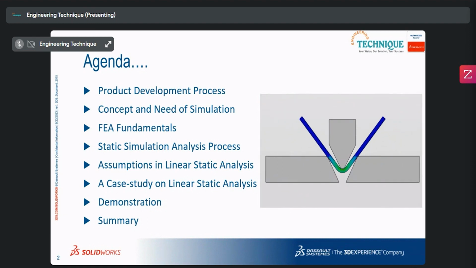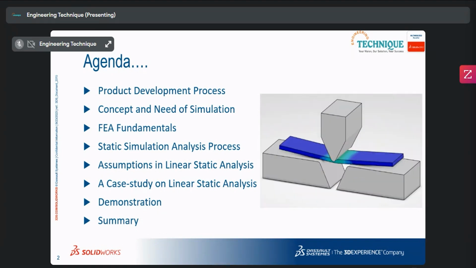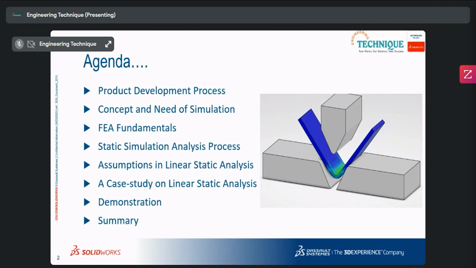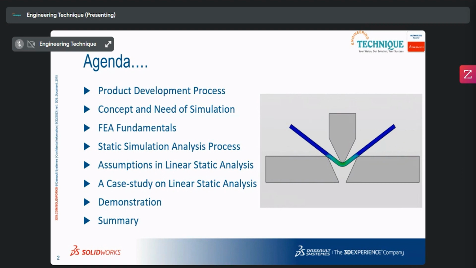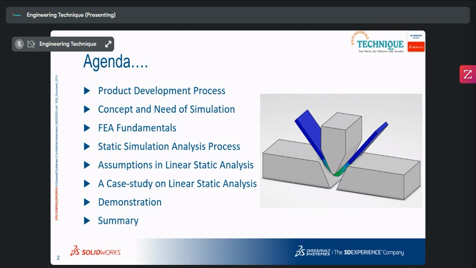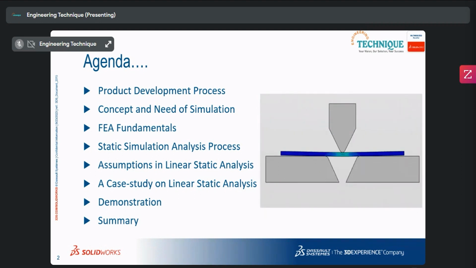Then we are going to see the static simulation analysis process. Then various assumptions that are considered in linear static analysis. Then we understand the process with a case study, and after that, I will show you the demonstration of a particular product, and at last we summarize the webinar.